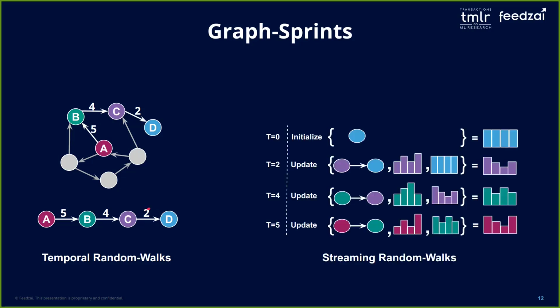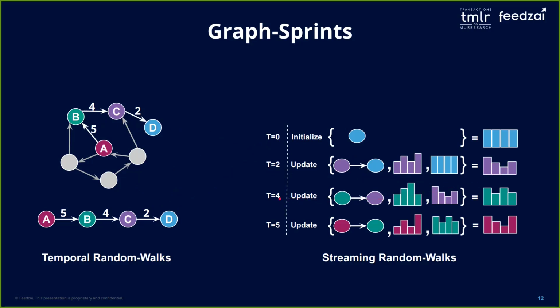At timestamp 0, node D is initialized with a uniform embedding, and then at timestamp 2, the edge CD arrives, and to calculate an embedding for the node C, the previous embeddings of nodes C and D and the features of the arriving edge are used.